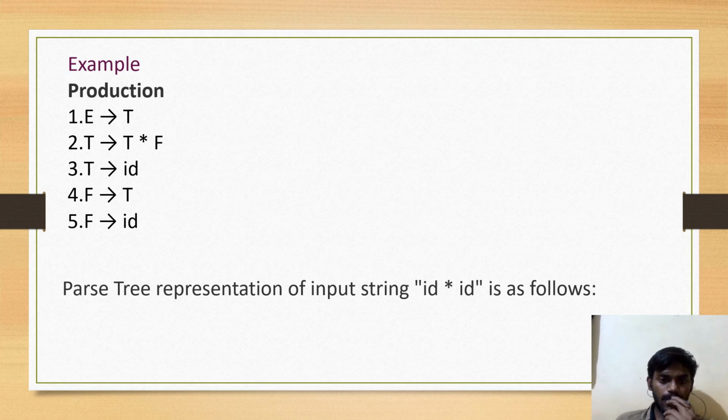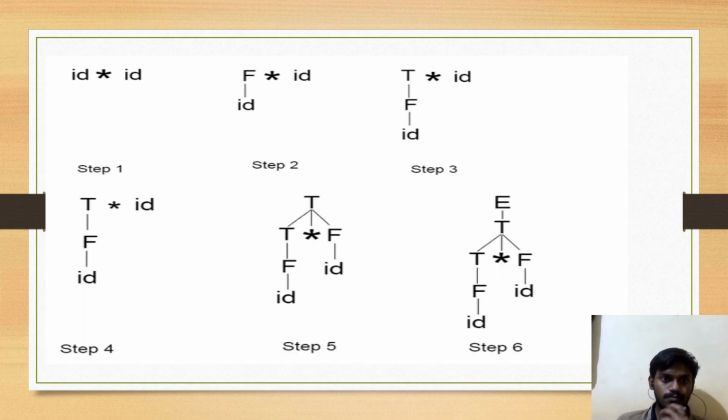Parse tree representation of input string id into id is as follows. Here we show the first step: id into id. Now F can be written as id, then F into id. Now T can be written in the place of F, then T into id.